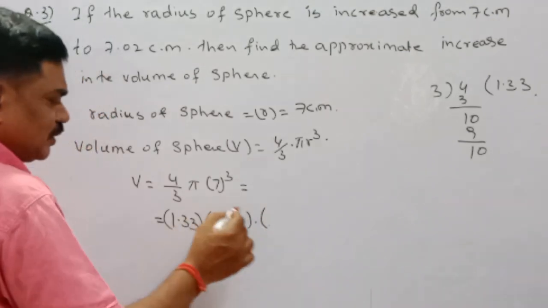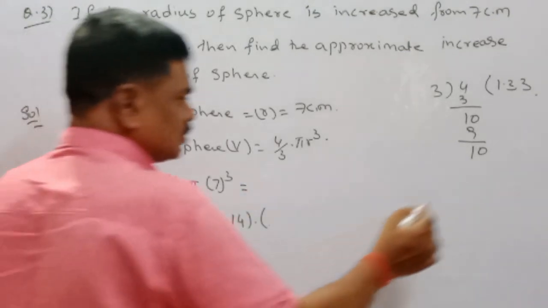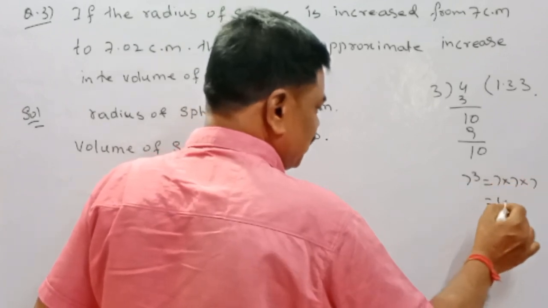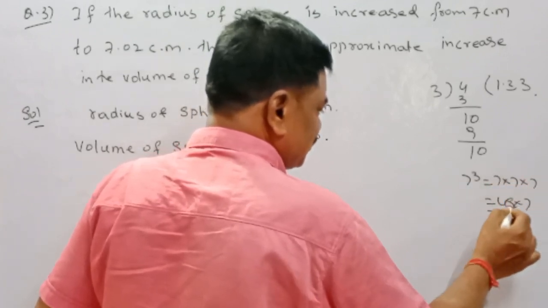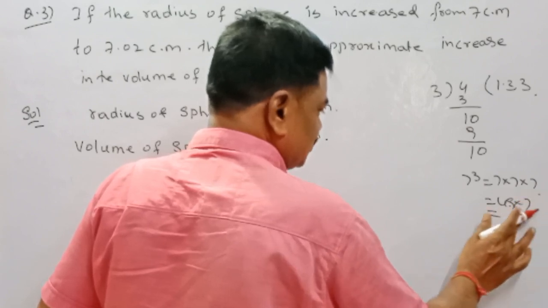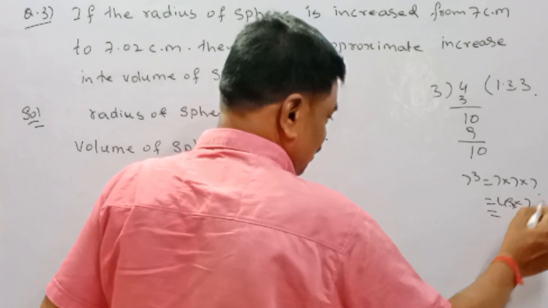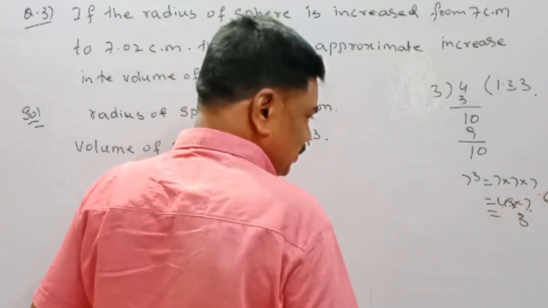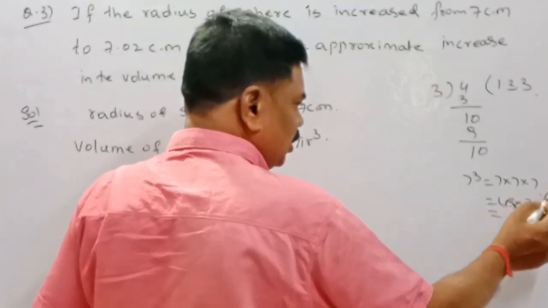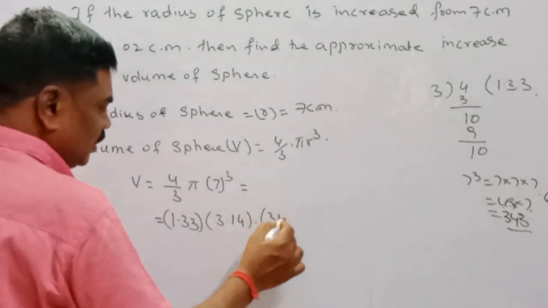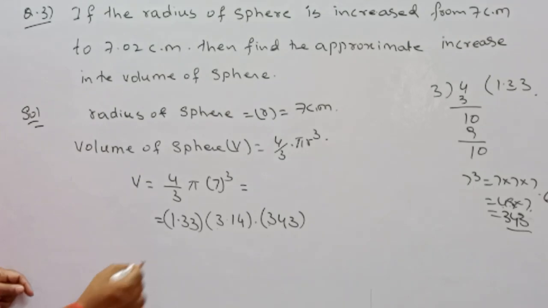What is 7 cube? 7 into 7 into 7. 49 into 7: 7 9s are 63, 7 4s are 28 plus 6, 34. So 343. Okay, all of you.